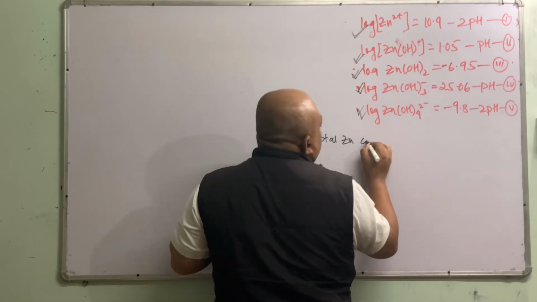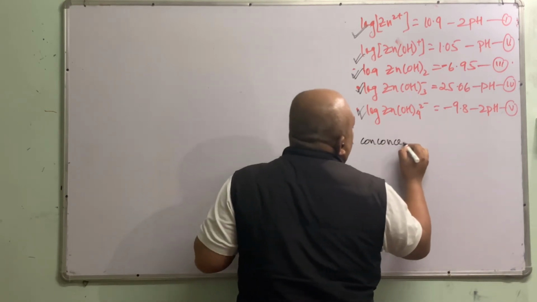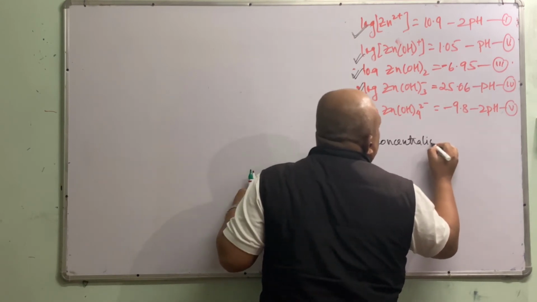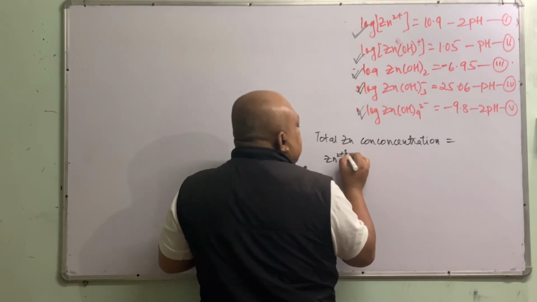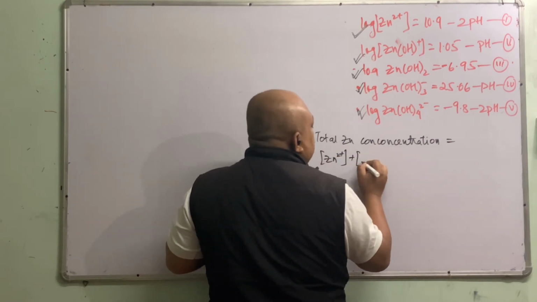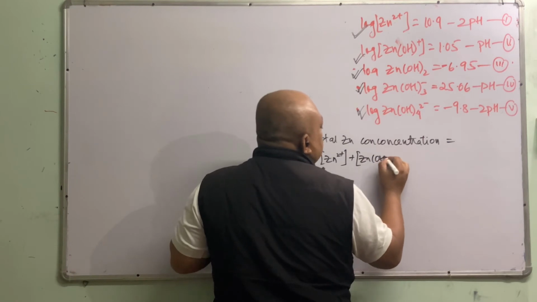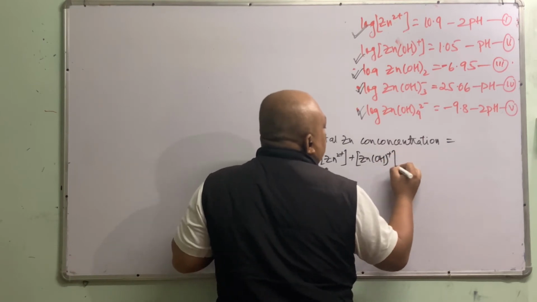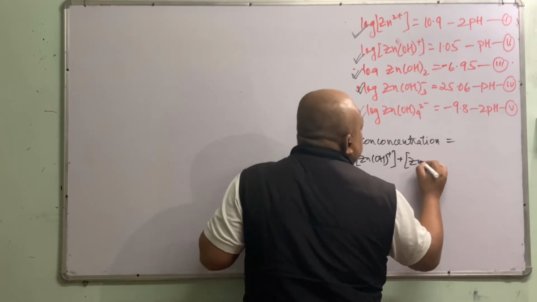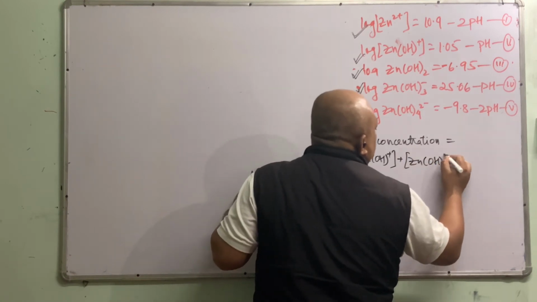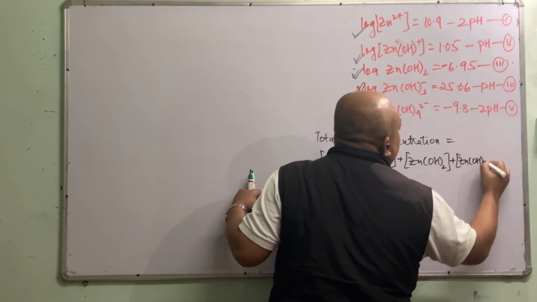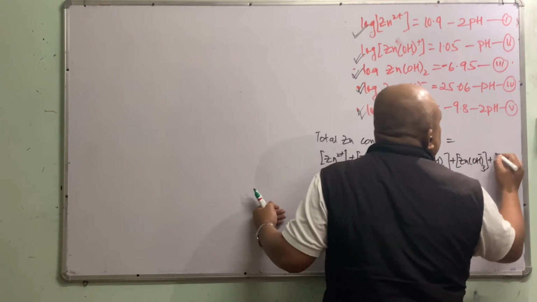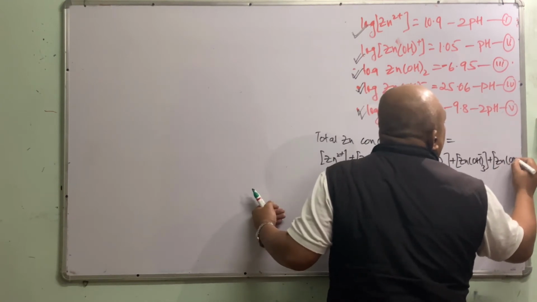Total zinc concentration, whatever it is in the water, is equal to Zn2 plus, plus ZnOH, plus ZnOH2, plus ZnOH3, plus ZnOH4.